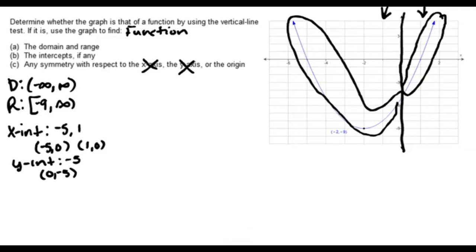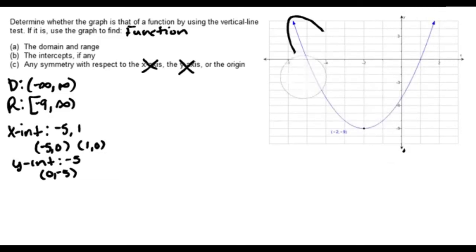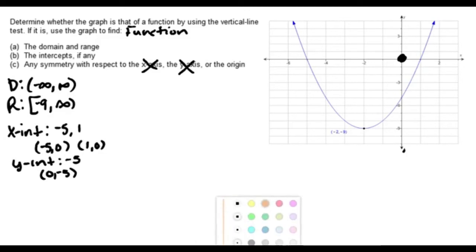Then our final type of symmetry is origin symmetry. Our origin is the point where the x and y axis cross each other. So that's this point here, that's the origin. When you have origin symmetry, a mirror image over the origin would mean that your opposite quadrants would have a mirror image.